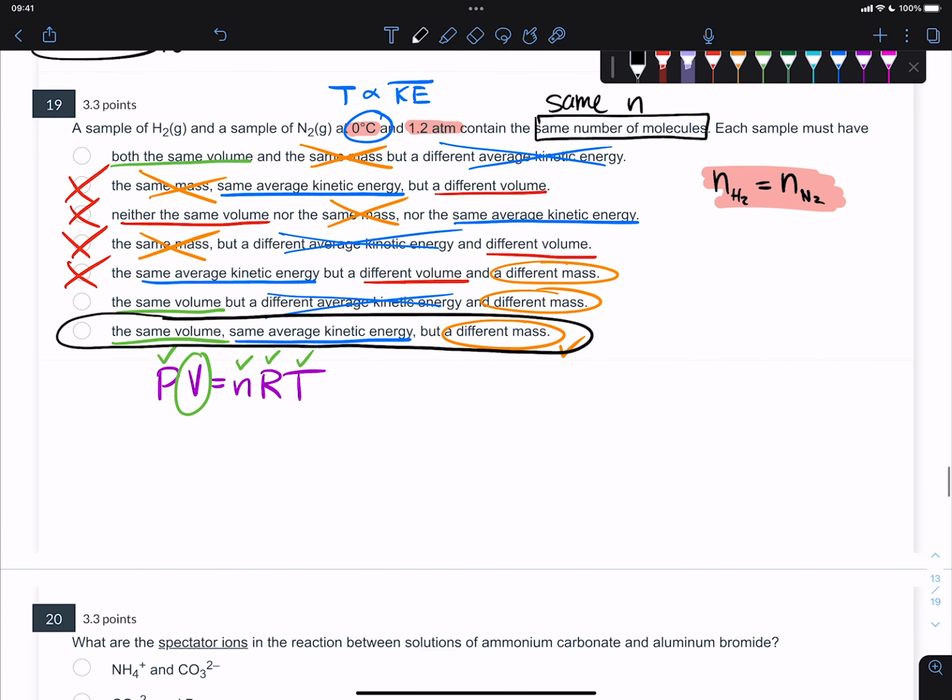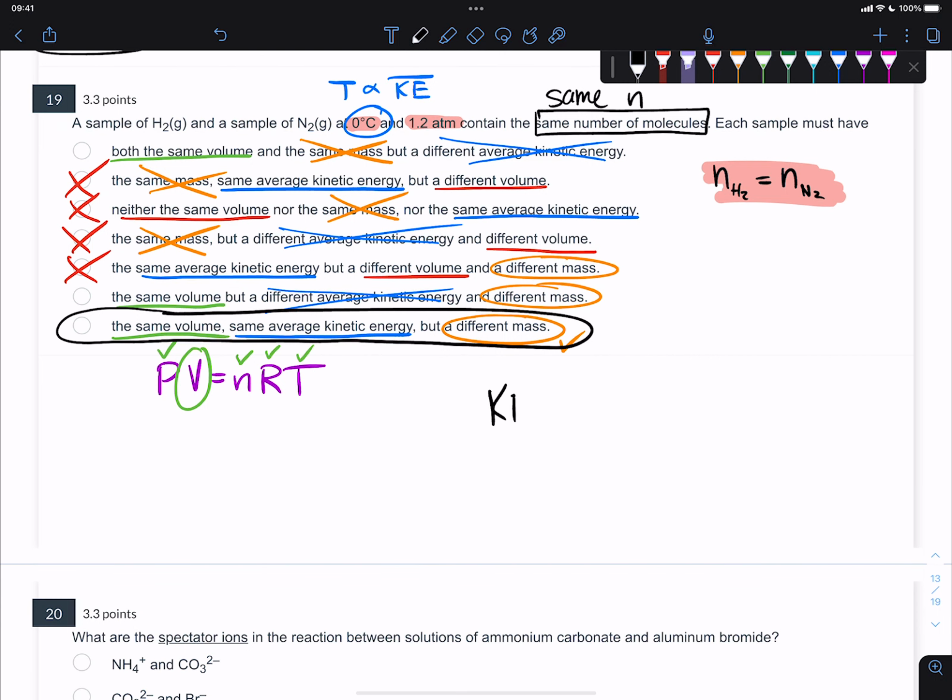Now, if you look at the kinetic energy equation, let's say you have the kinetic energy of H2 and the kinetic energy of N2. Kinetic energy in general, and this is assuming one single point particle, is 1/2 mv squared.